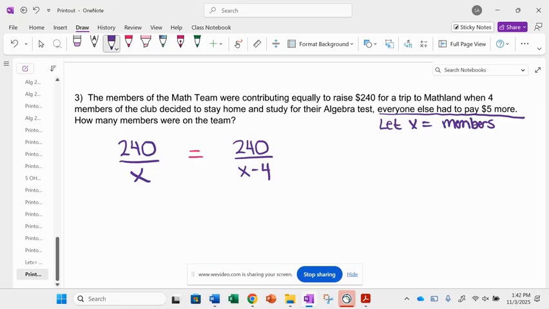So do we agree this side is already bigger? Because we're dividing by a smaller number. So this side is already more money. So to keep it balanced, since that side's more money, it's more money by how much? $5, right? So wouldn't I have to add 5 to this side to make them equal each other? So I'm going to add 5 on this side.